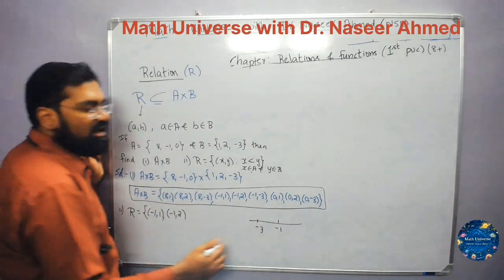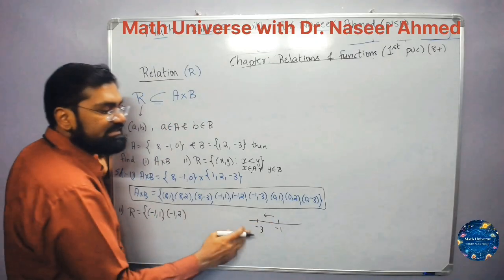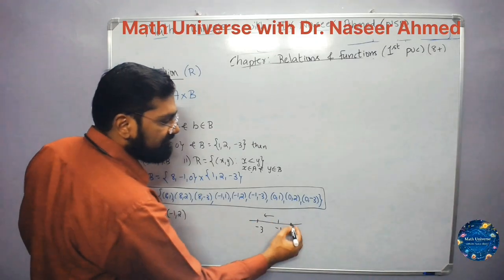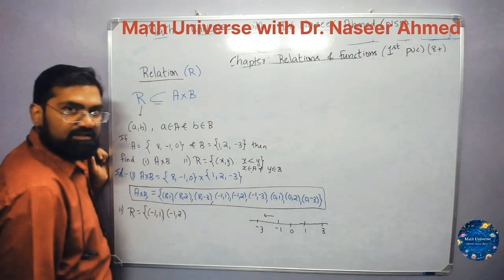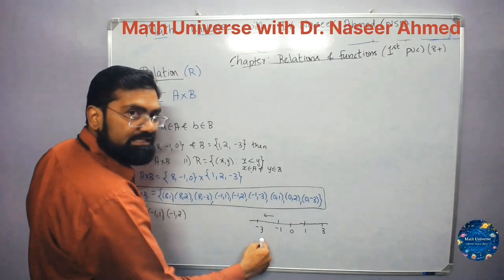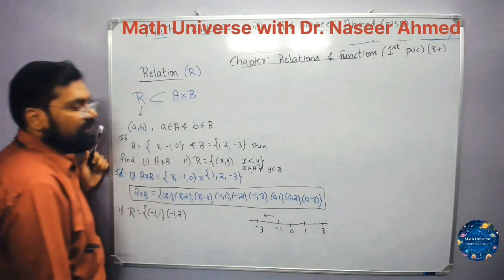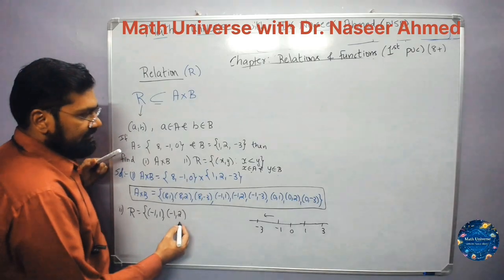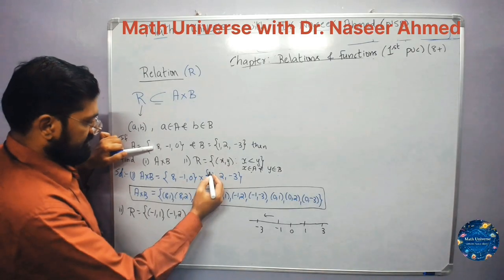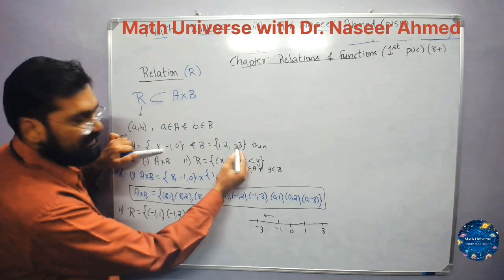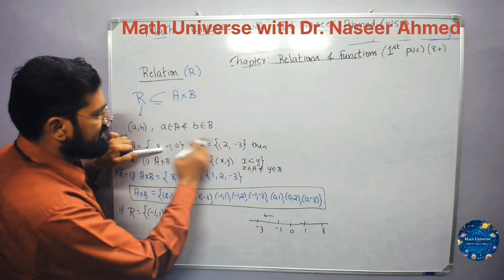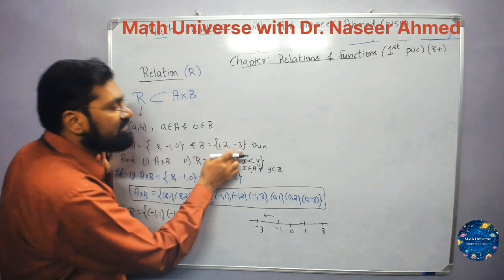Always, simple logic: the left number is lesser than the right number. 0 is somewhere here, 1 is here and 3 somewhere here. So minus 1 is not less than minus 3. Actually, minus 3 is less than this, or minus 1 is larger than minus 3.